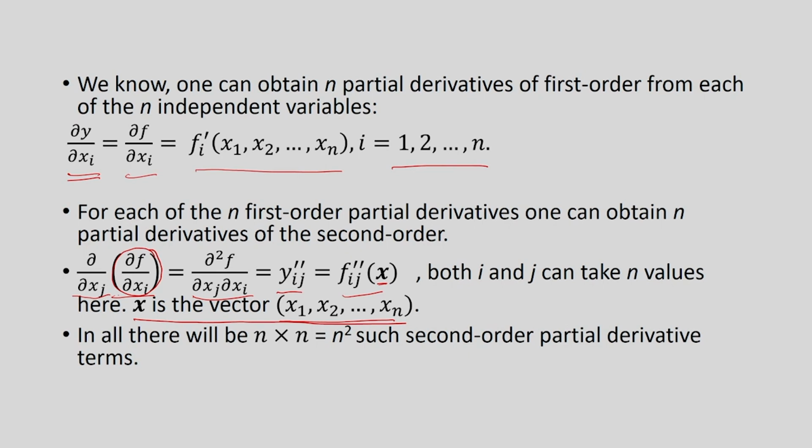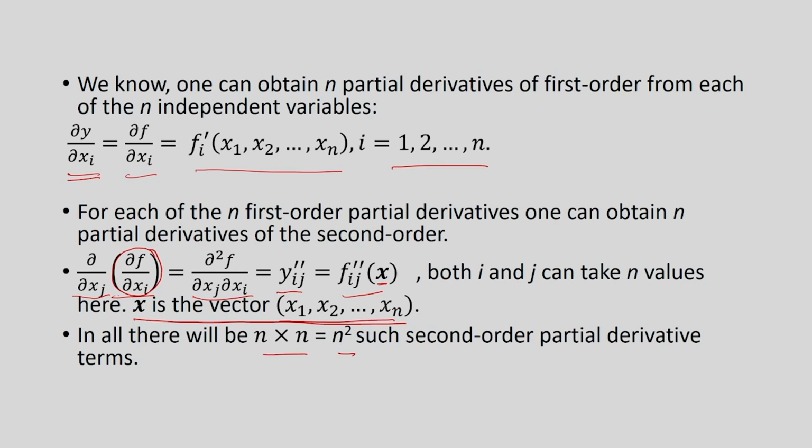Now, how many second derivatives are possible from this function? In all, there will be n multiplied by n, that is n² second order partial derivative terms, right. And this is easy to see.